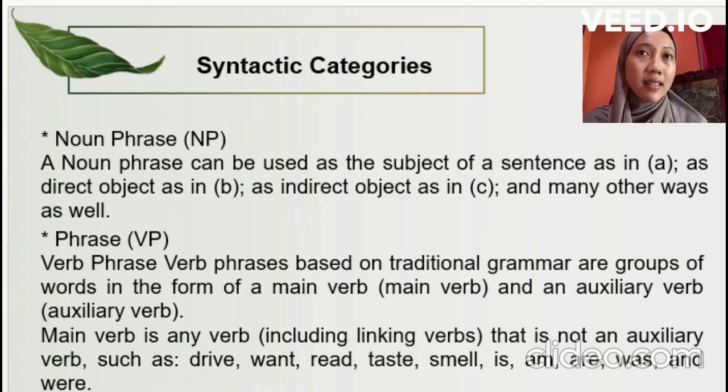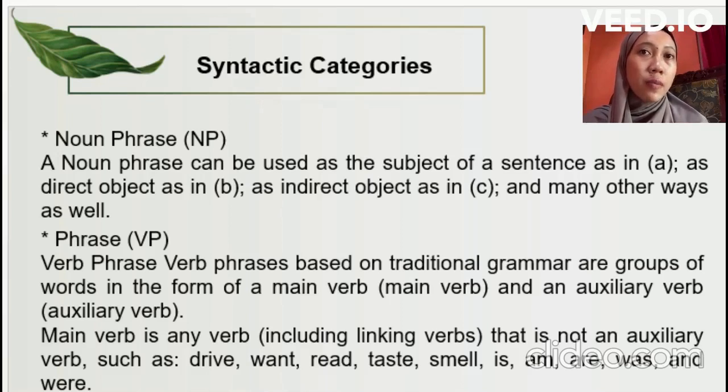Syntactic categories. Noun phrase, NP. A noun phrase can be used as the subject of a sentence, as in A, as a direct object, as in B, as an indirect object, as in C, and in many other ways as well. Verb phrase, VP.